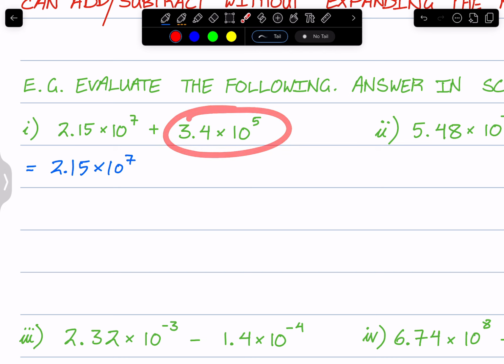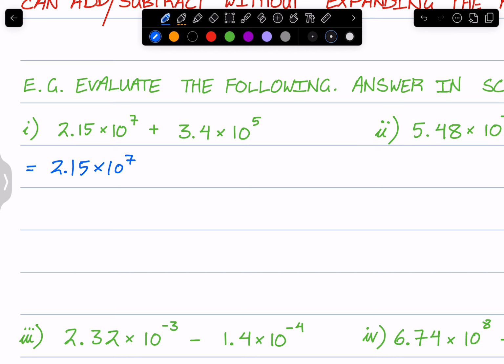But this one is to the power of 5, and we want this to the power of 7. Well, since we want to increase this by 2, we're going to add on 2 more spaces.